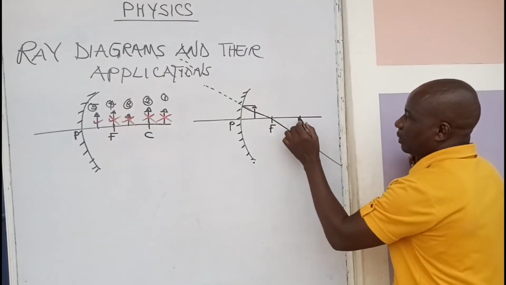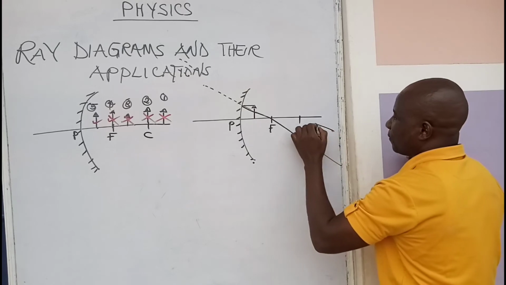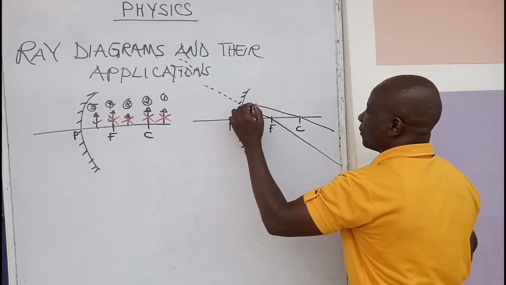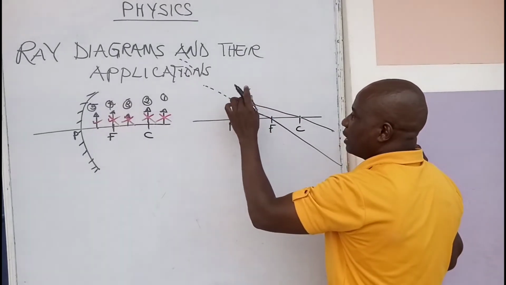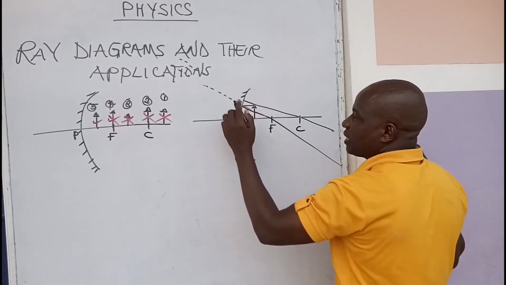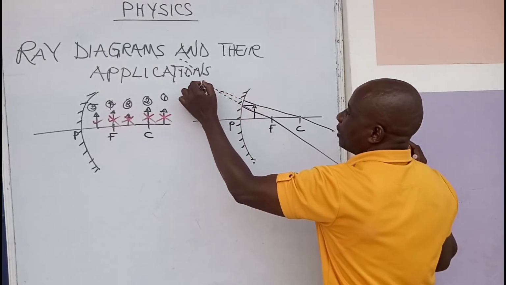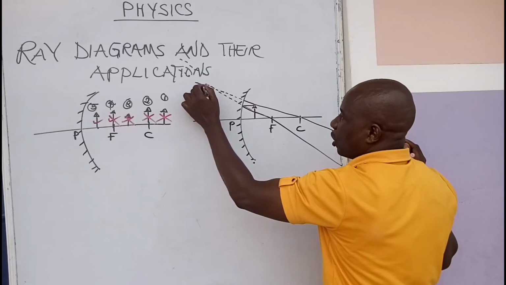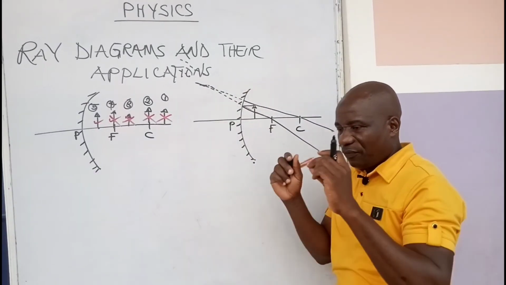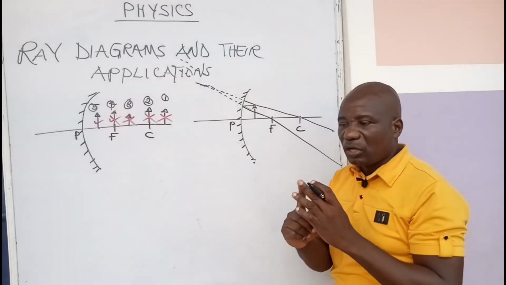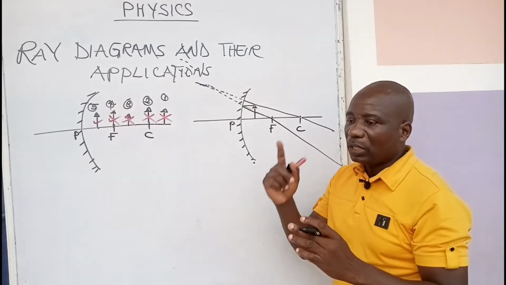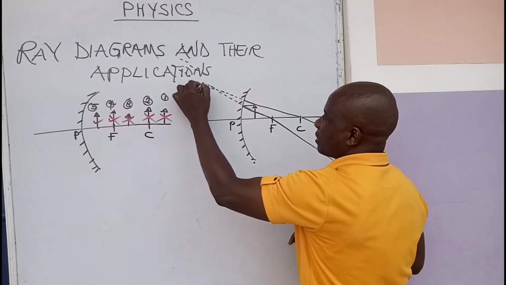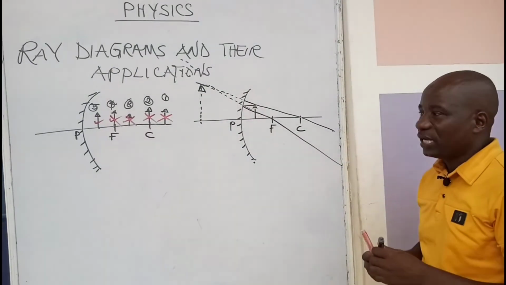Then the other one will pass through C. The moment your ray leaves the surface here, it becomes virtual. Then they will intersect behind the pole. The image formed is a result of the intersection of two virtual rays, so the image too will be virtual. This one is now represented with broken lines. That is our virtual image.